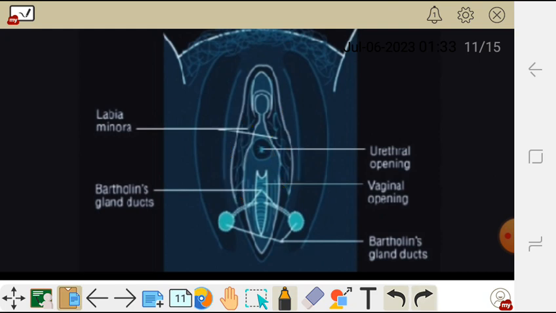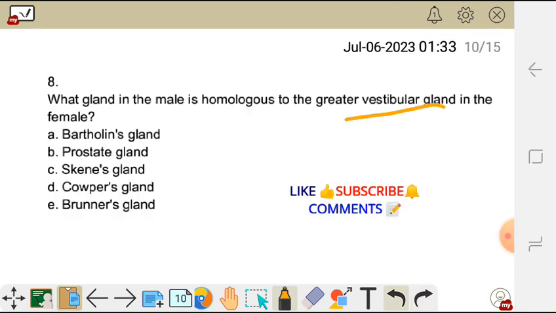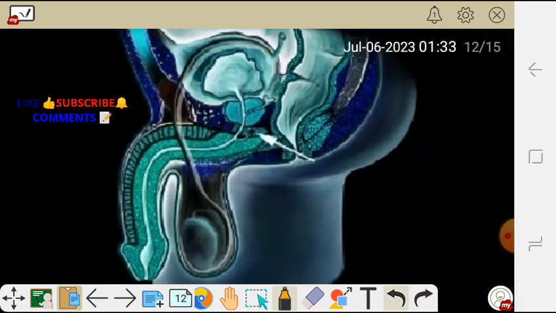There we are going to find these Bartholin's glands. So these Bartholin's glands are also called greater vestibular glands, and they are homologous to the Cowper's gland, which are found inferior to the prostate gland. That is what we call Cowper's gland there.